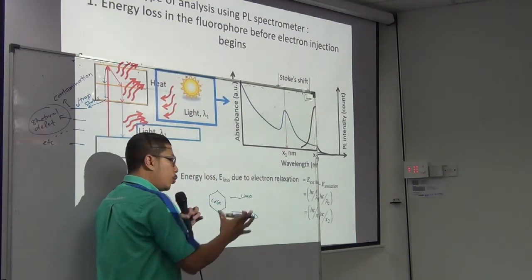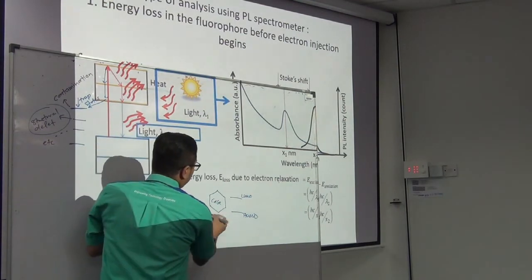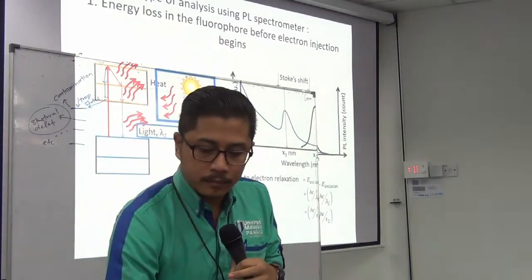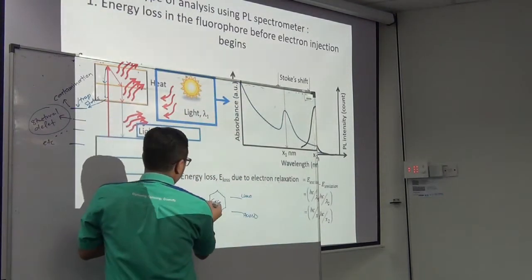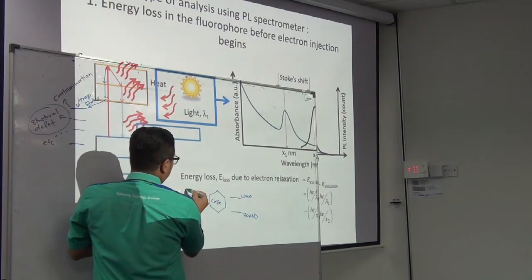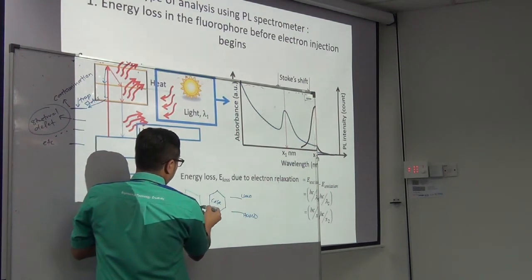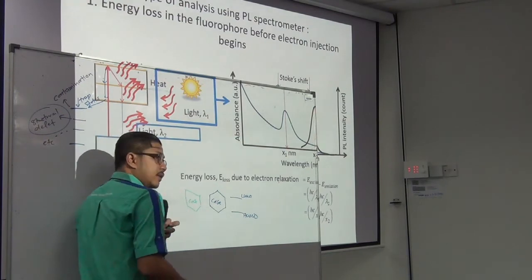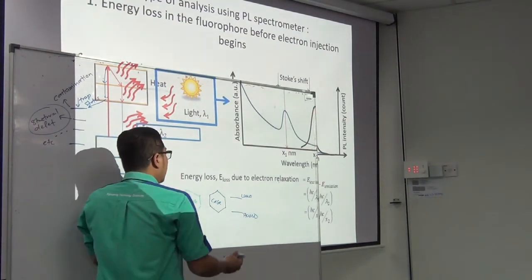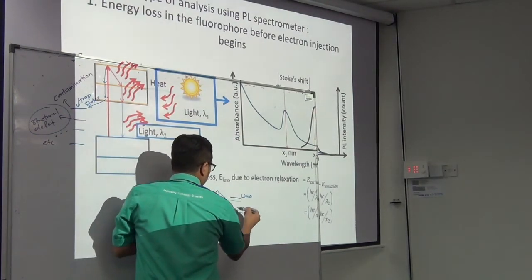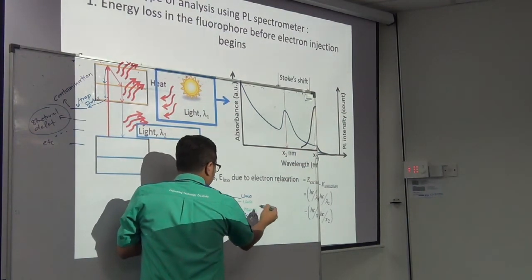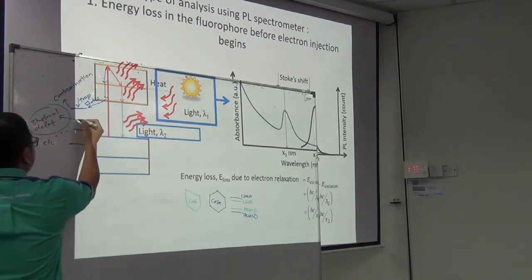But with a slight twist of the structure, distorted like this, it gives us a different energy state. Maybe the LUMO like this and HOMO like this, and gives us this trap state.